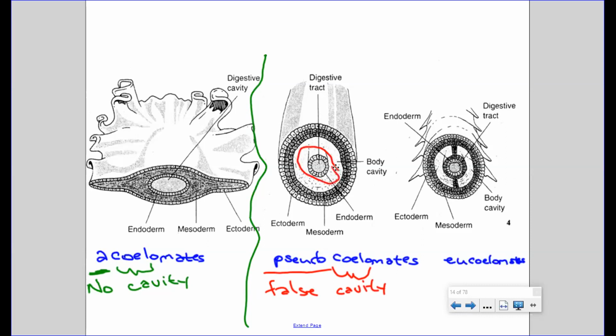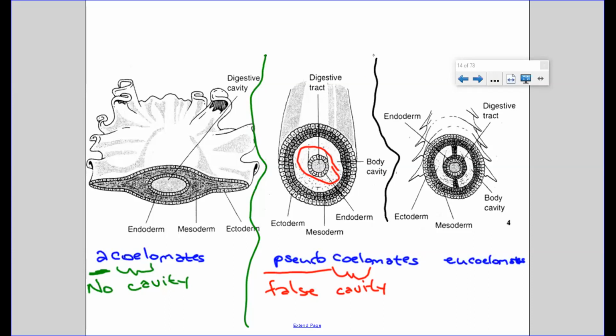But to be a true body cavity, which is the next one, it's got to have mesoderm all around the body cavity. Who remembers what the mesoderm does? Meso. The type of tissue that it forms starts with the same letter. Muscle.